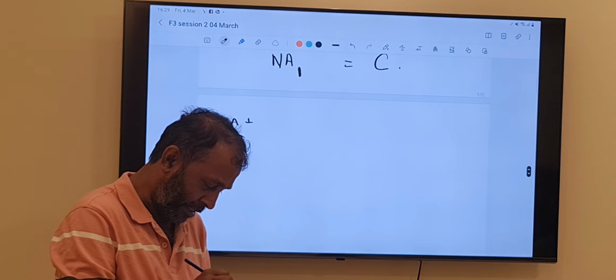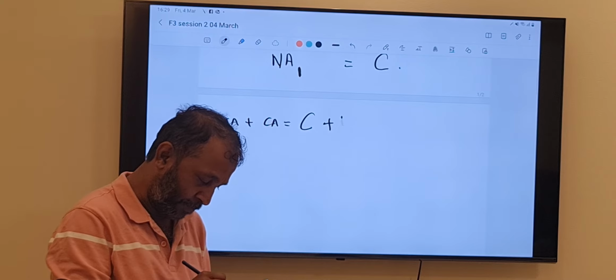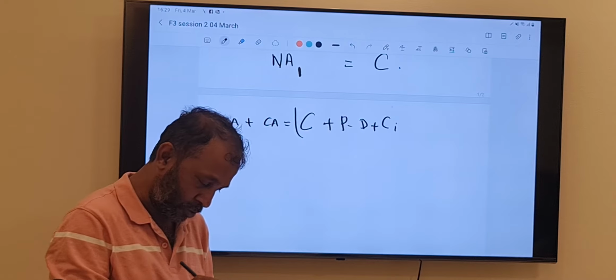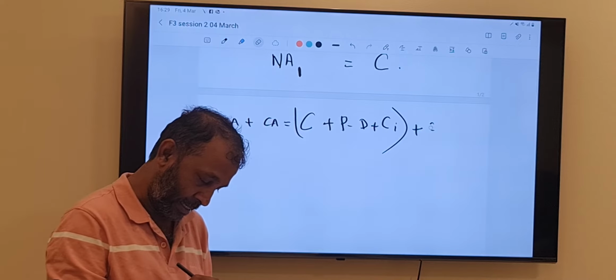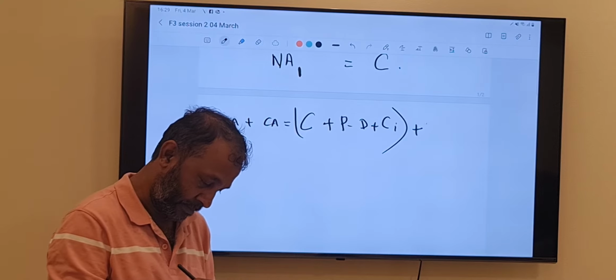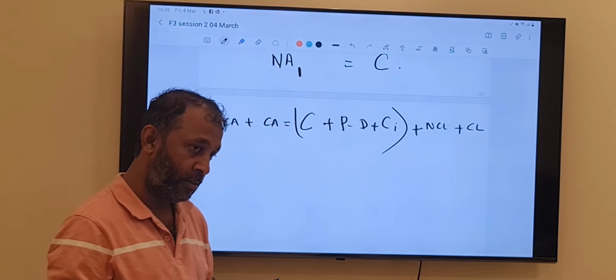NCA plus CA is equal to C plus P minus D plus CI, this goes together, plus NCL plus CL. That's clear? This D is similar to what?